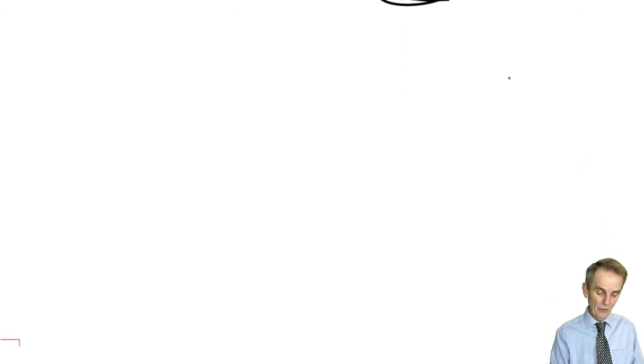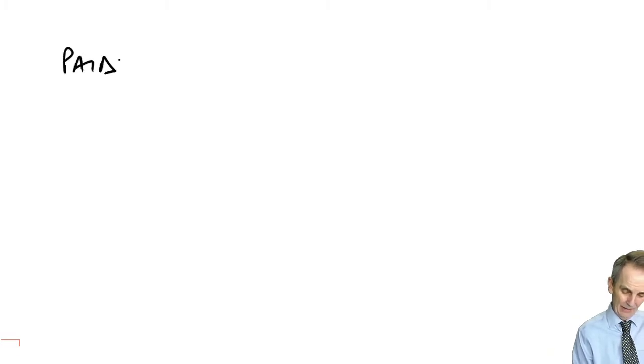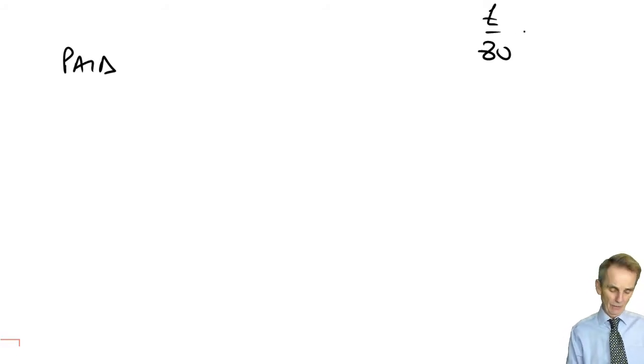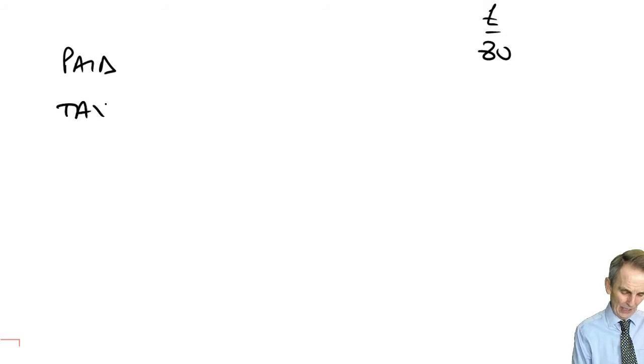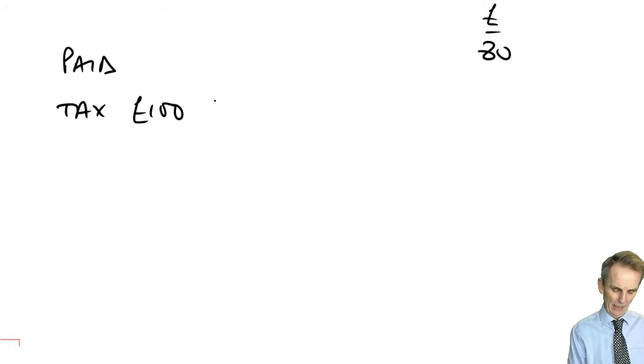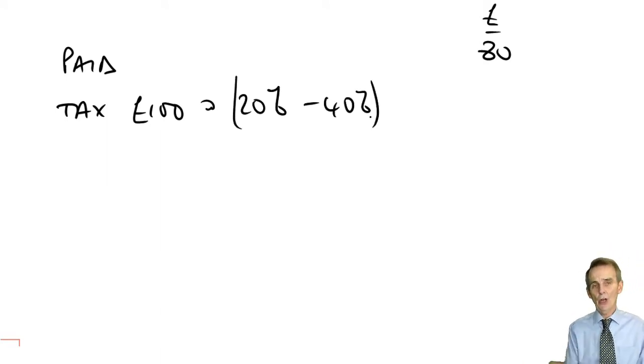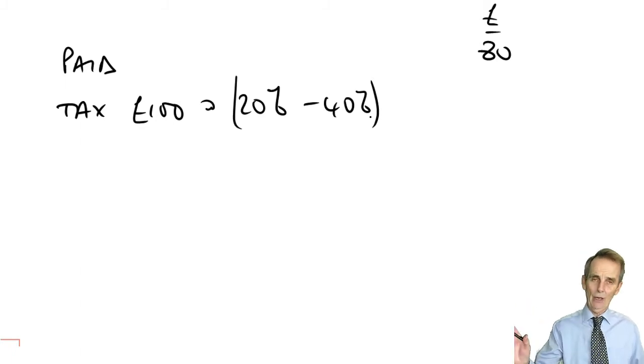What has happened through our tax system is you've paid £80, getting your basic rate tax relief at source, and then what you're going to do, you're going to tax £100, the gross amount of the gift aid payment, at what would be 20% instead of 40%. You've moved £100 of income out of higher rate and back down into basic rate.